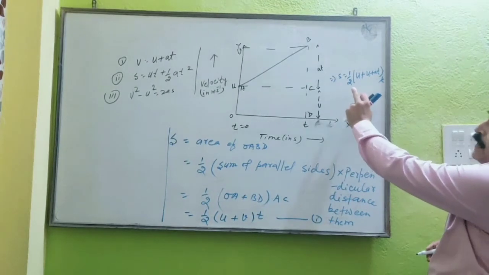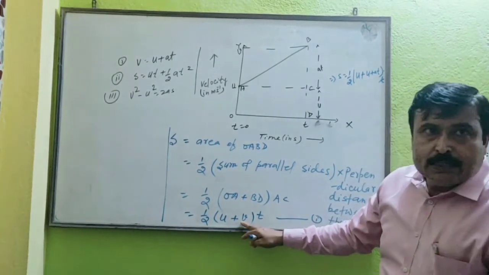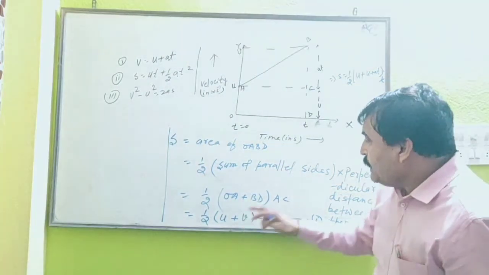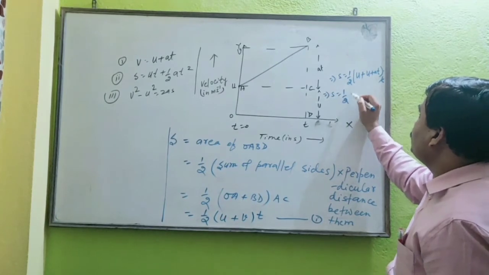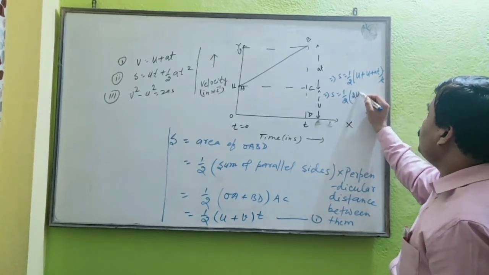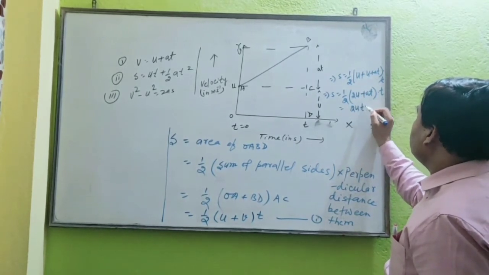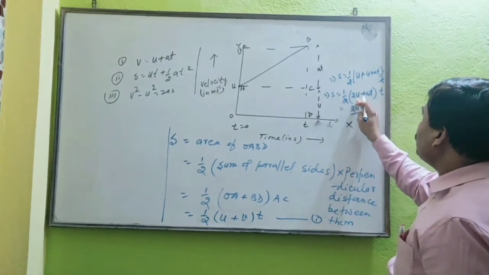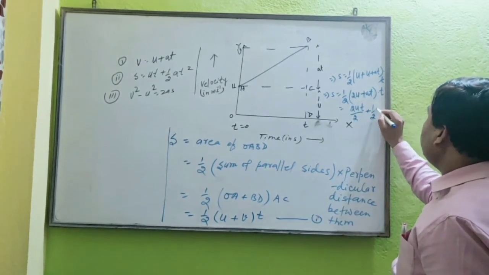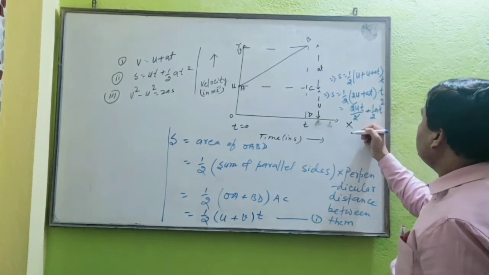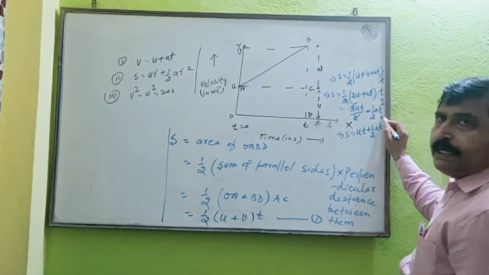From the first equation of motion, the value of v is put, u plus at, and s equal to half, u plus u plus at, into t, that is 2u plus at into t. t will be multiplied by this term, and half is also there, so 2ut by 2 plus half at square, and after cancellation of 2 and 2, s equal to ut plus half at square.